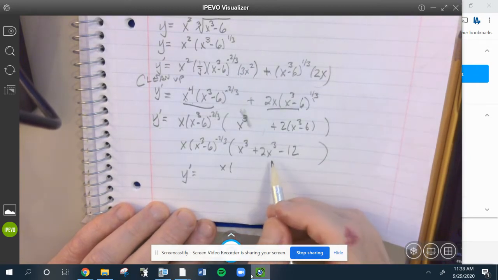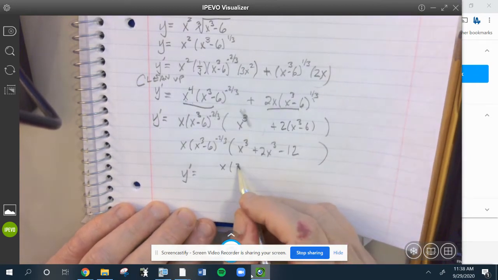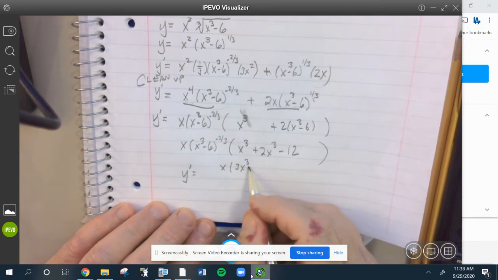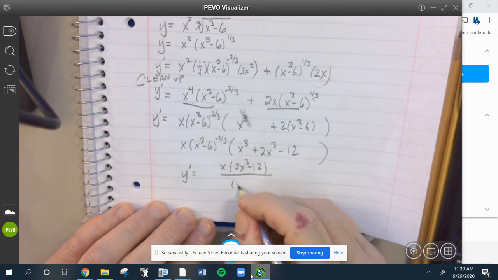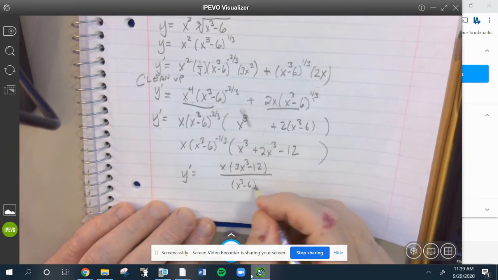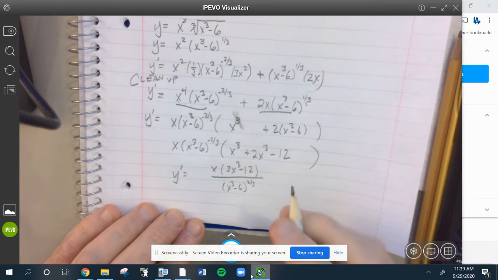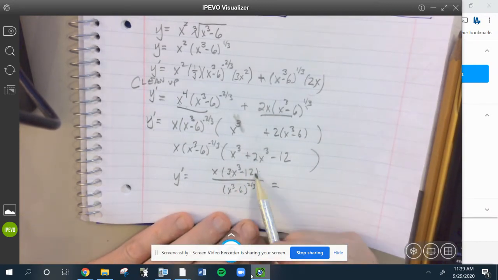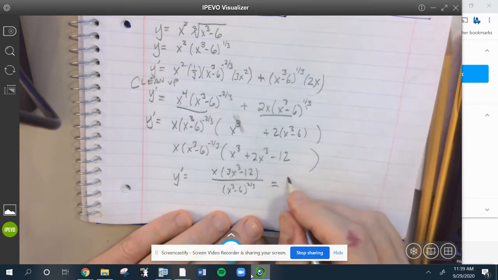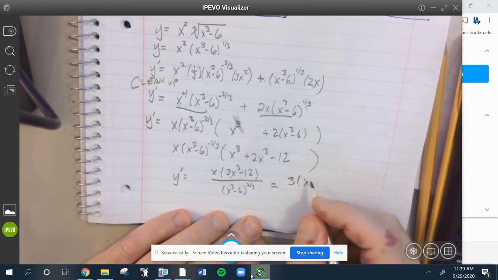X cubed plus 2x cubed is 3x cubed minus 12 all over x cubed minus 6 to the 2/3. So now that I did that, I can see there's one last thing I can do. There's a common factor of 3 in the top, so I'm going to factor that out.